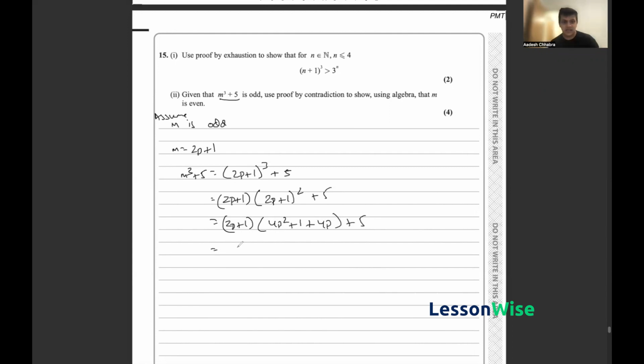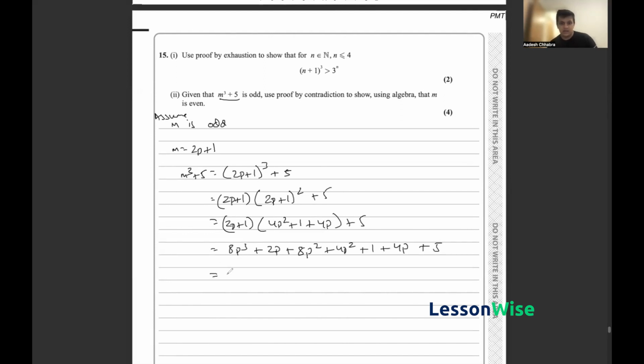Again, further expanding this again, we get 2p times 4p^2, so that's 8p^3, plus 2p, plus 8p^2. And then 1 times 4p^2, which is 4p^2, plus 1, plus 4p. And then again, plus 5 at the end there, not forgetting about that.